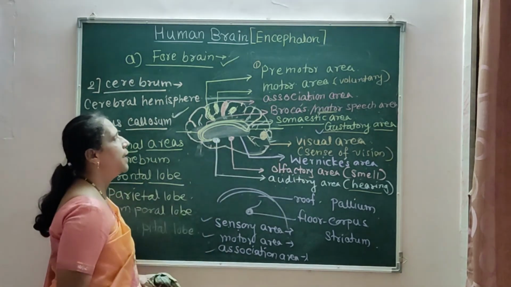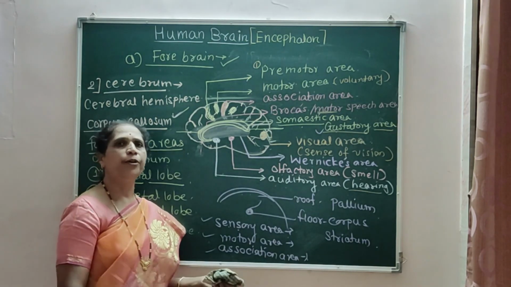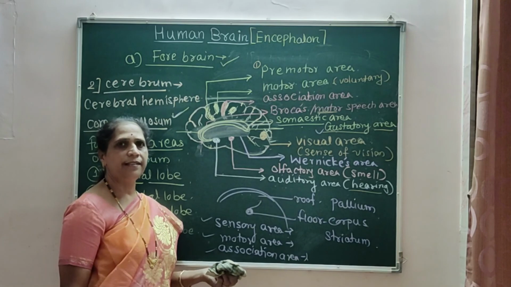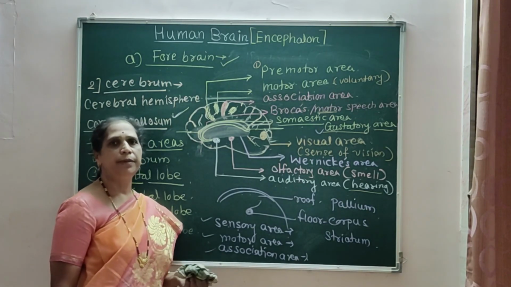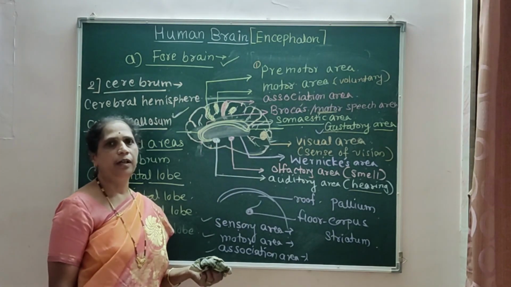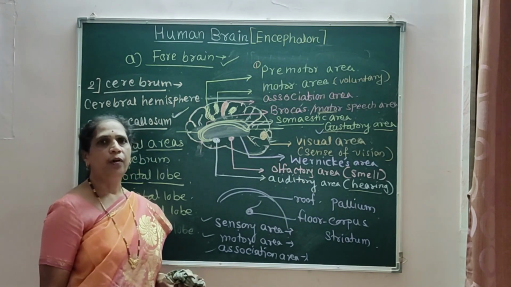So this is only about the functional areas of the cerebrum. It is an important part as the cerebrum controls voluntary as well as some involuntary movements of our body, thought and memory. These are different sites present in the frontal lobe. So here we study only the cerebrum of the human brain.